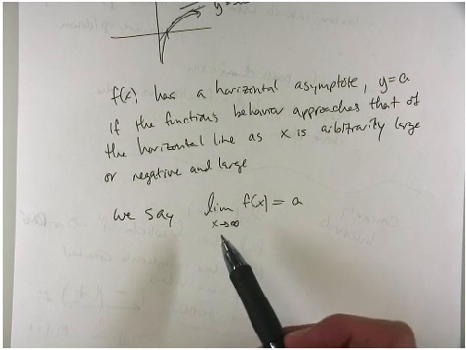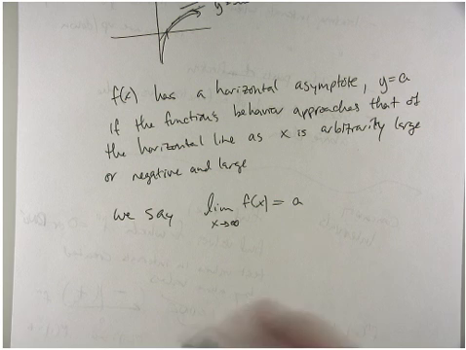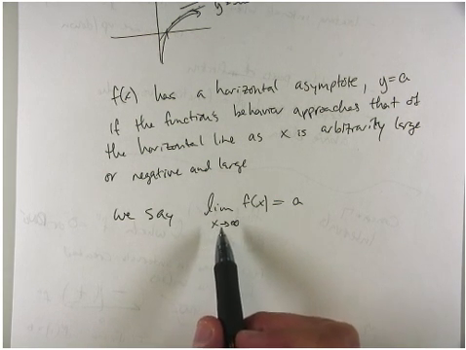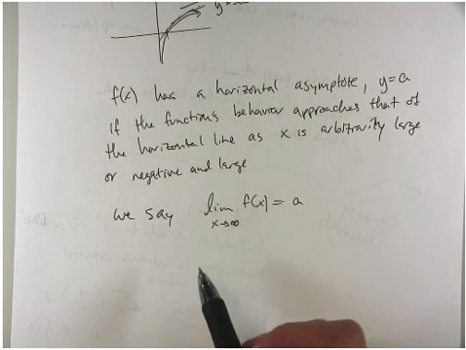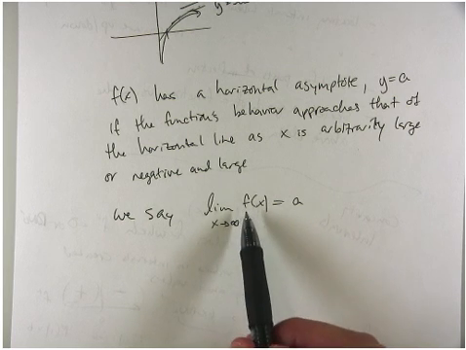You can't plug infinity in and evaluate what's happening. Infinity squared or infinity plus 1, they don't make any sense. Infinity is not a number. It's this kind of concept. So we need these limits to talk about what's happening as we approach that conceptual value. If x just keeps getting bigger, what happens to f of x?